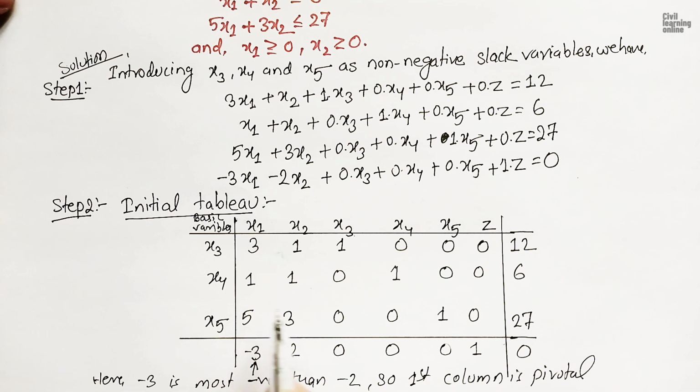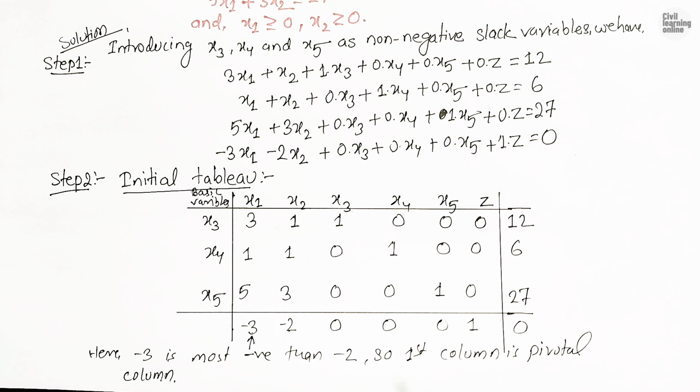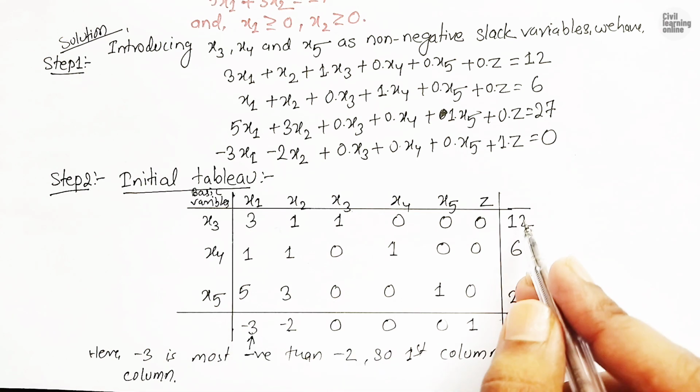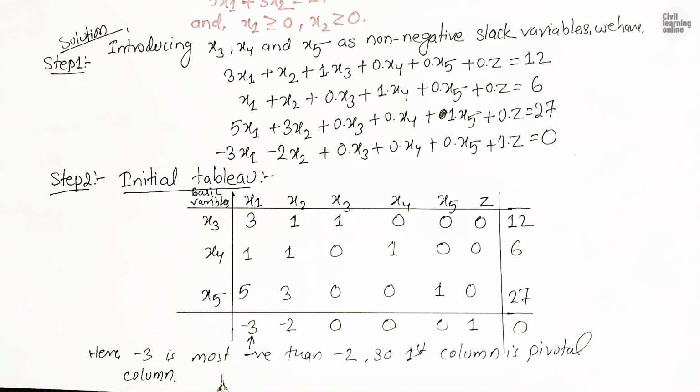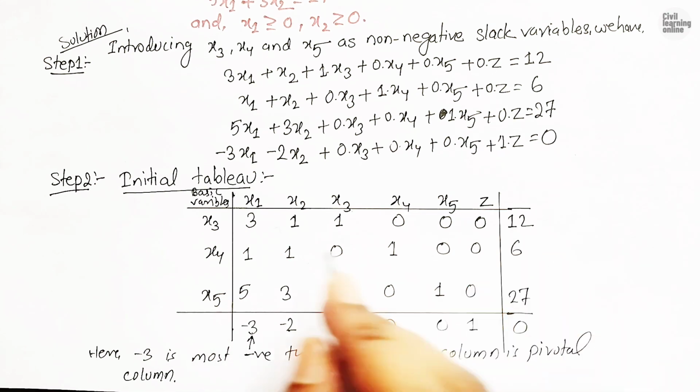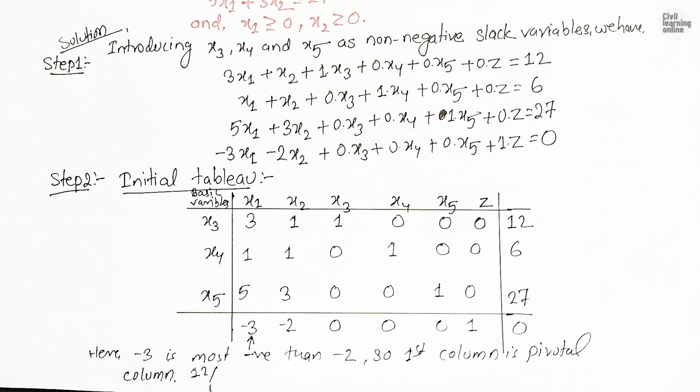Now what we need to do is divide the elements by the numbers. So we will divide 12 by 3, 6 by 1 and 27 by 5. As our first column is the pivotal column, we have to divide these elements by the elements of the pivotal column. So 12 by 3 we get 4.